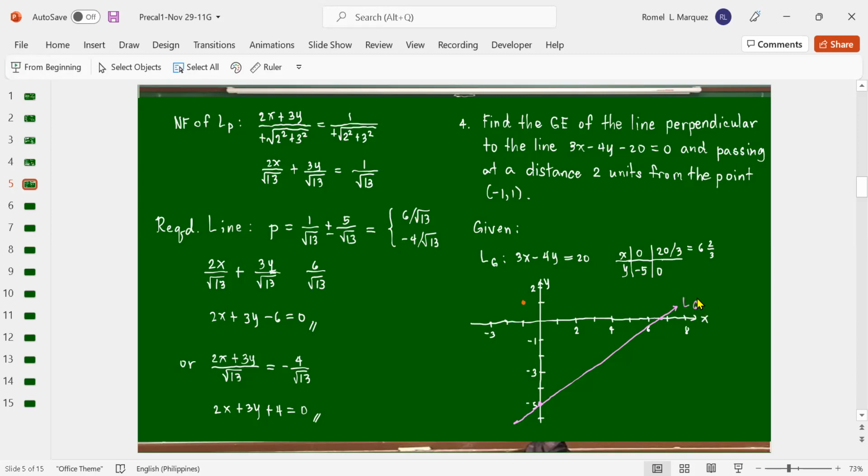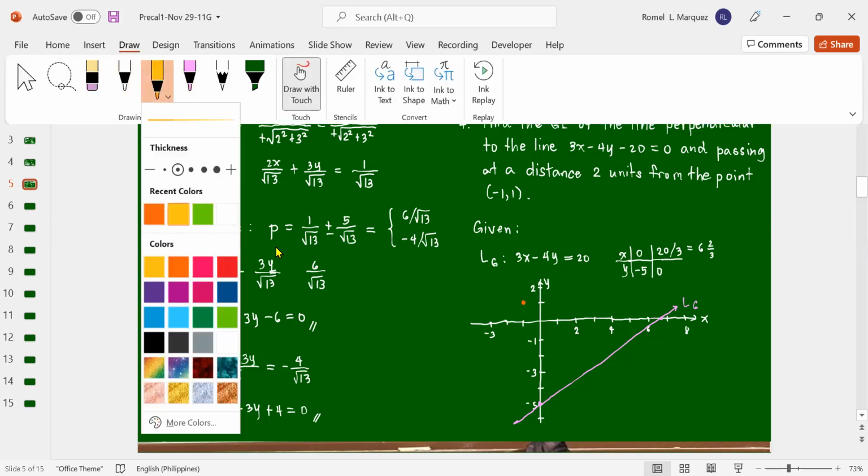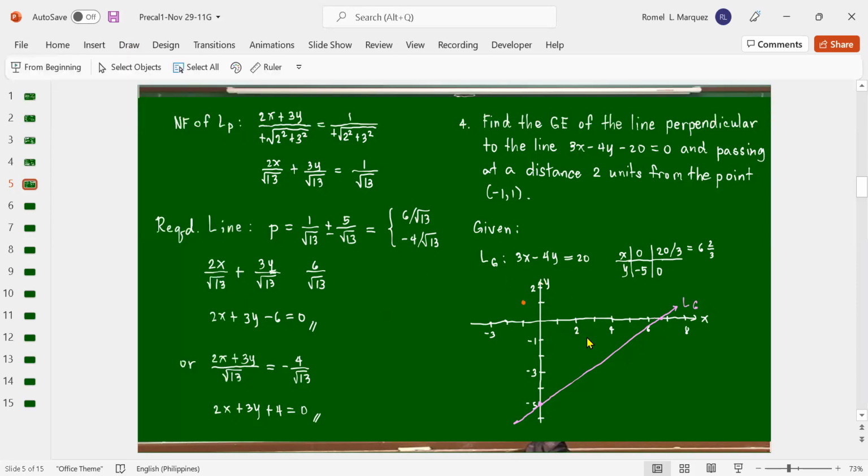The line or lines we're looking for, let's see how many possibilities, are perpendicular to this and at a distance of 2 units from the point. So 1 unit, 2 units, somewhere around there, and perpendicular to the pink, one possible line.